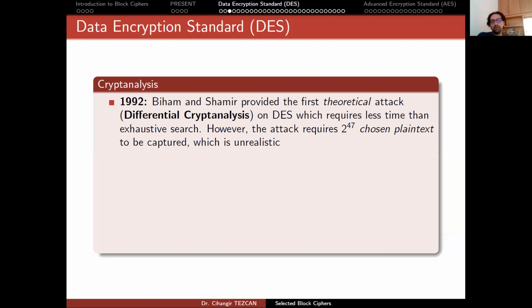For this reason, they call it differential cryptanalysis. It is not that much related to calculus. They provided the first theoretical attack on DES, which requires less time than exhaustive search. However, the attack requires 2^47 chosen plaintexts to be captured, which is kind of unrealistic in real life.